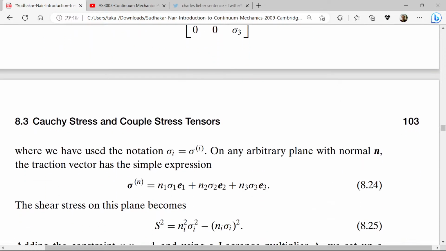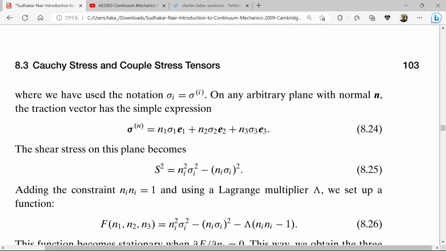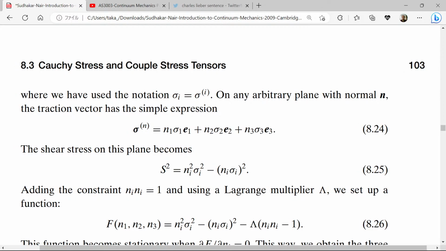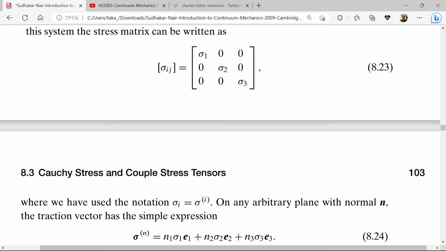Where we have used the notation sigma I is sigma superscript I. On any arbitrary plane with normal n, the traction vector has a simple expression. Now you have this.